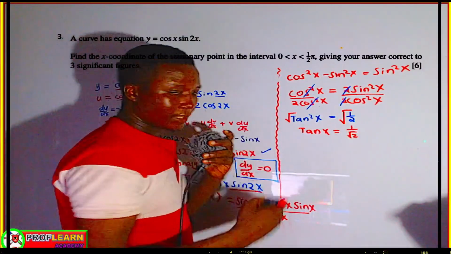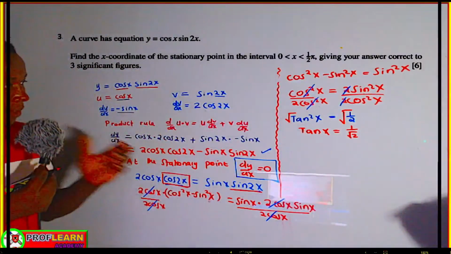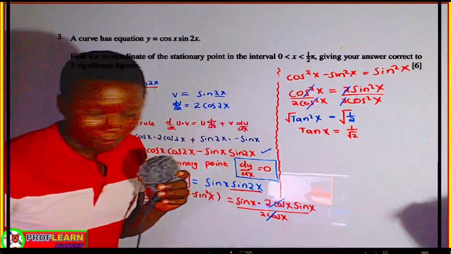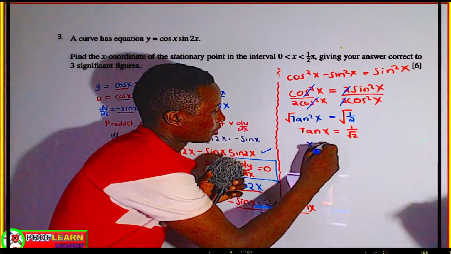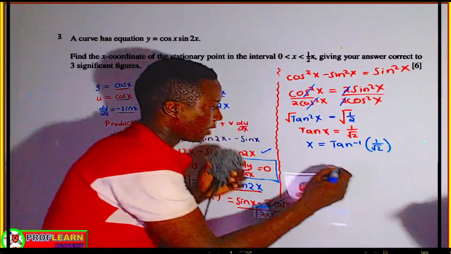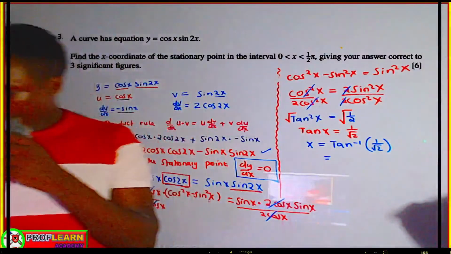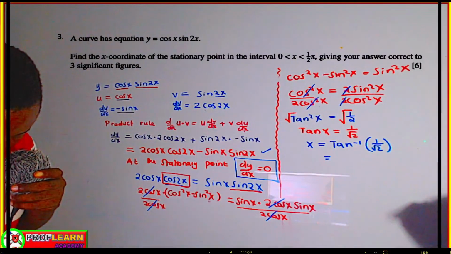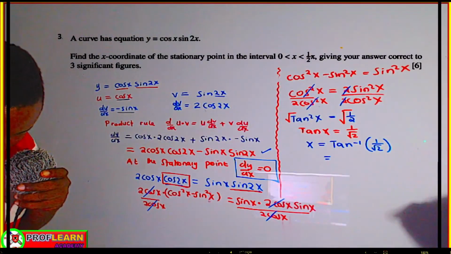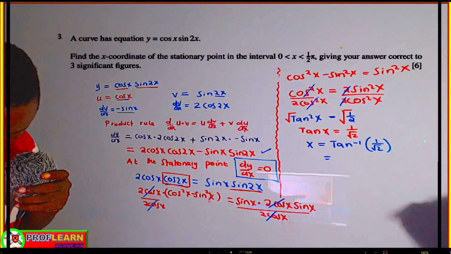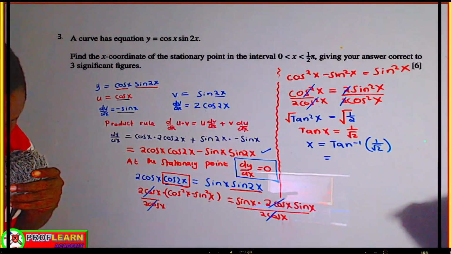So if I'm finding the x coordinate, I need to find the tan inverse of this part, which means that x is going to be tan inverse of 1 over root 2. If I consult my calculator and ask it what the tan inverse of 1 over root 2 is, the answer I'm getting is 0.6154.